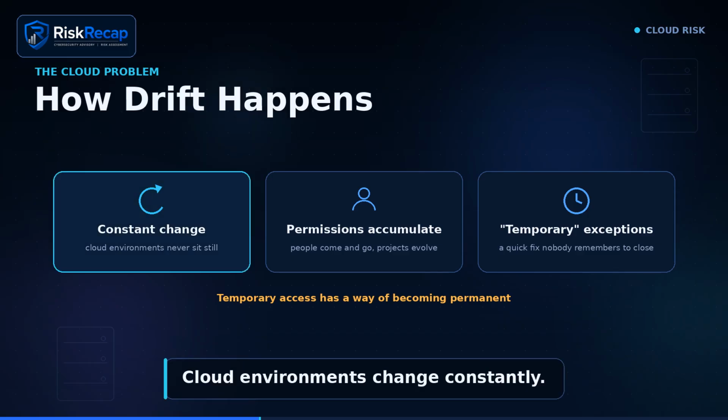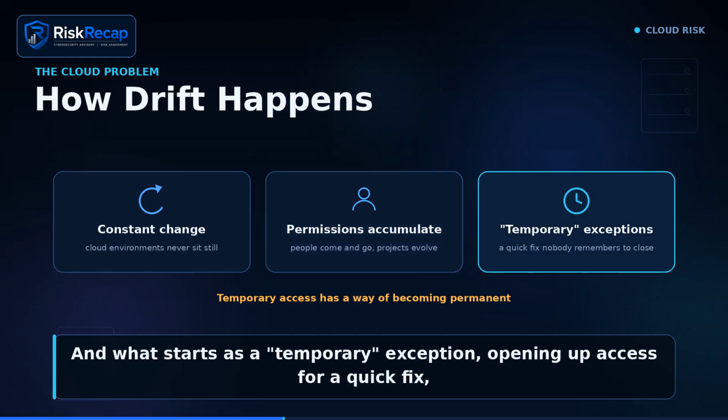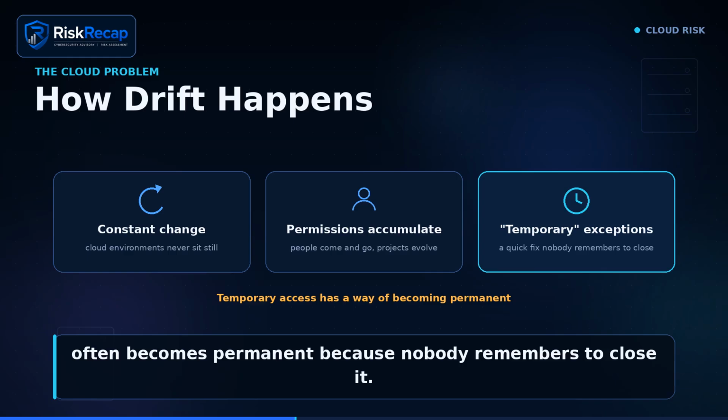Permissions accumulate over time as people come and go and projects evolve. And what starts as a temporary exception, opening up access for a quick fix, often becomes permanent because nobody remembers to close it.